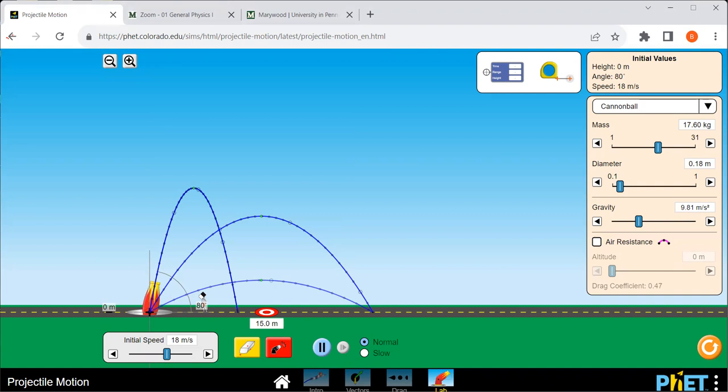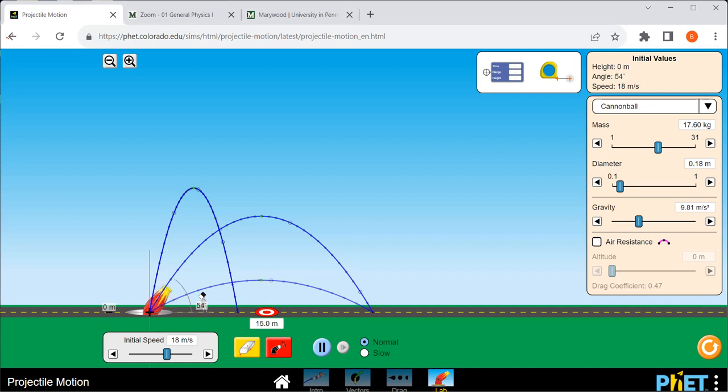All right, so 80 degrees and then 20 degrees.